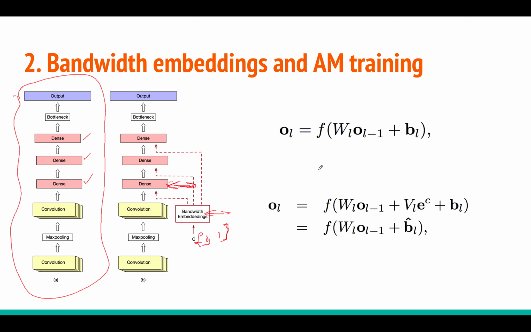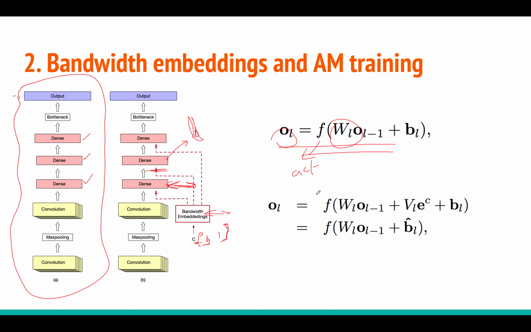Before, you had this equation where, for example, assume this is the layer L, and we take the output from layer L minus 1, multiply it by some matrix W, which is the weight matrix, add some bias term, and feed it through some activation function, and this output O_L does not have any bandwidth embeddings.